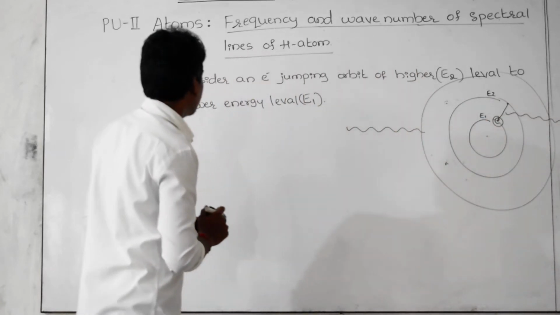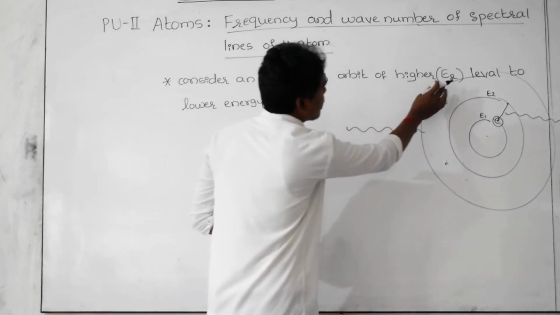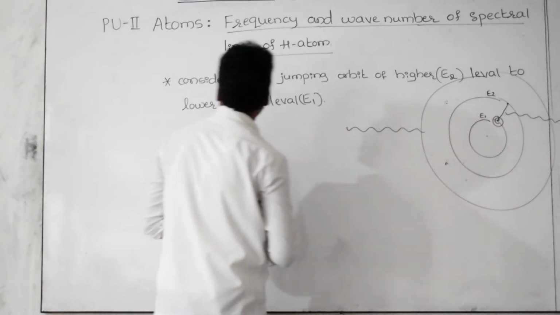And let us consider an electron jumping from the second orbit to the first orbit.